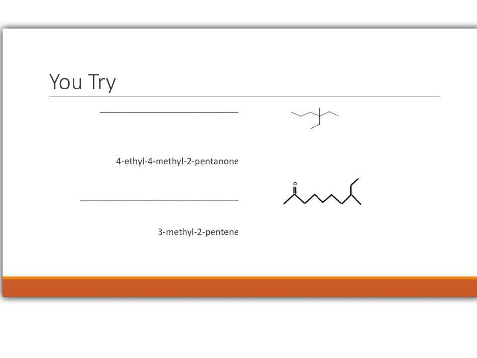Alright, so I have, counting my chains, 1, 2, 3, 4, 5, 6. Or if I count from this end, I've got 1, 2, 3, 4, 5, 6. And if I look at my third carbon, regardless of the blue or the black chain, you have an ethyl and a methyl group coming off.